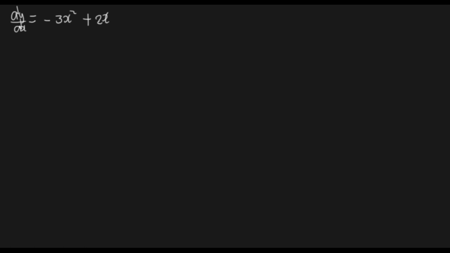Now this time we have been given the point where the function is passing through, which is (negative 2, 3). The first number represents the x-axis, the second number the y-axis. Now the question is, find the equation of the function.